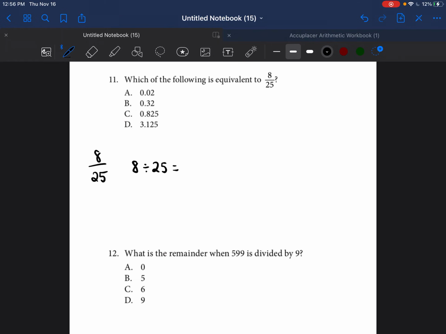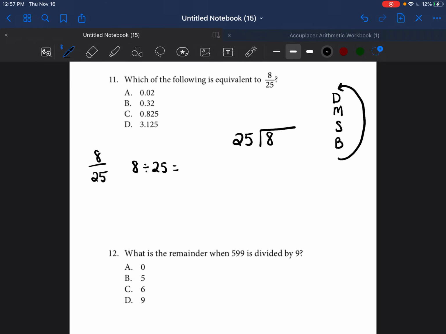So we're going to do 8 divided by 25. We have to do long division in order to do that since we're not able to use a calculator. So you're going to look at this and you're going to say, what are the steps to do a long division problem? On the side of your piece of paper, I like to write them. Divide, multiply, subtract, bring down, and then I do a little arrow to remind me to repeat if necessary.